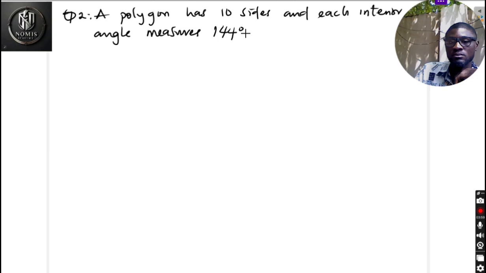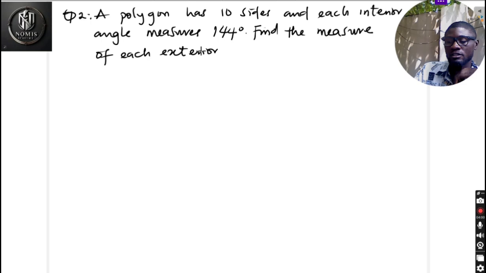Find the measure of each exterior angle.